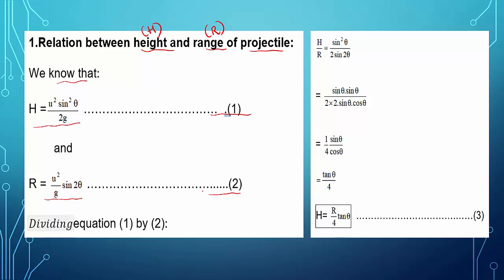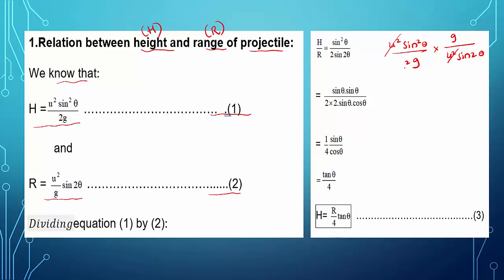Equation 1 gives maximum height. Equation 2 gives horizontal range. Let us divide equation 1 by equation 2. What is equation 1? Here I am going to write u square sine square theta divided by 2g, equation 1, divided by equation 2. Equation 2 means we can write g divided by u square sine 2 theta.